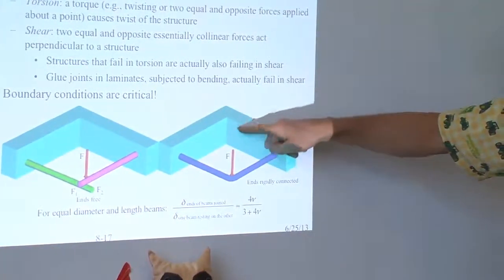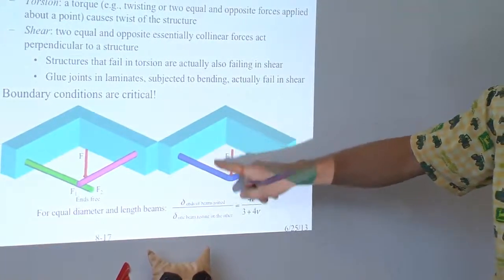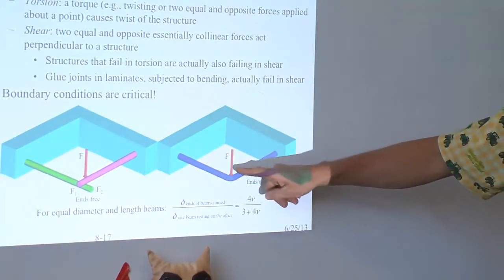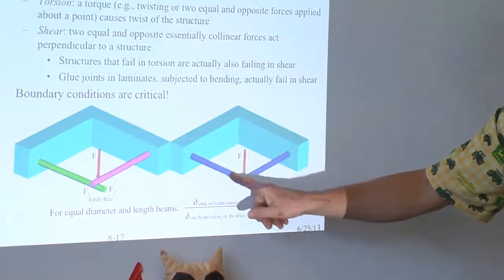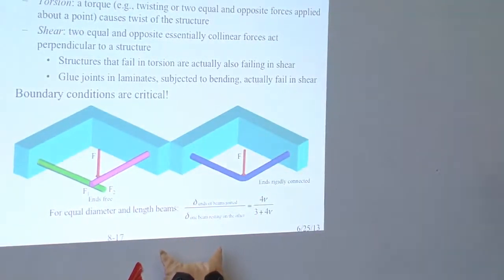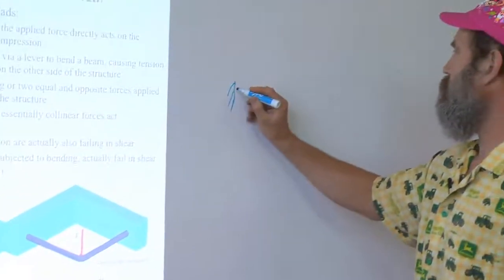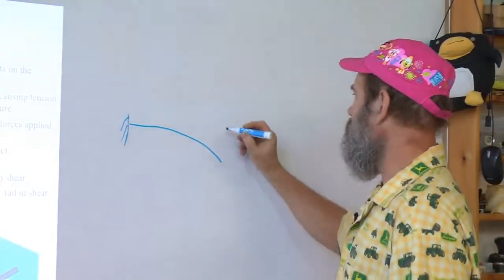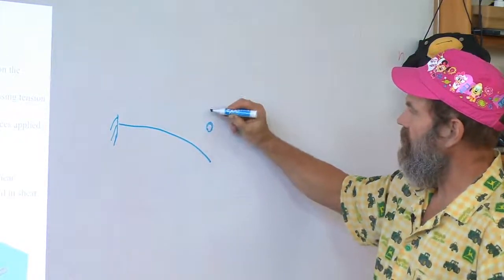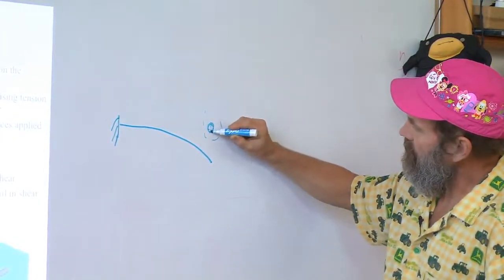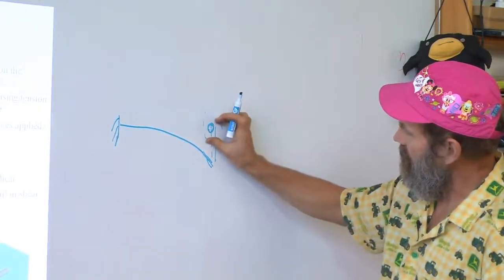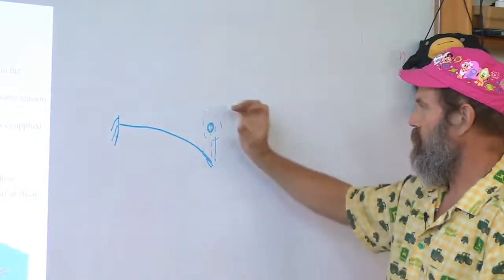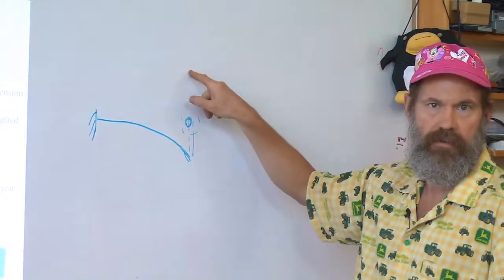The reasoning is you're pushing here, this beam is under bending, and as it deflects downward, it has a slope to it. As this beam bends and deflects down, its neighbor over here, in order to accommodate this slope, also has to twist, so it acts like a torsion spring to keep this one up.